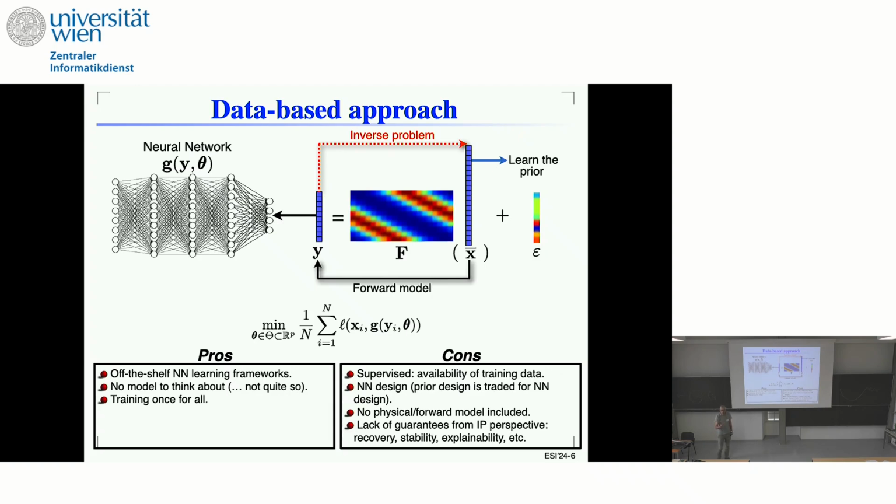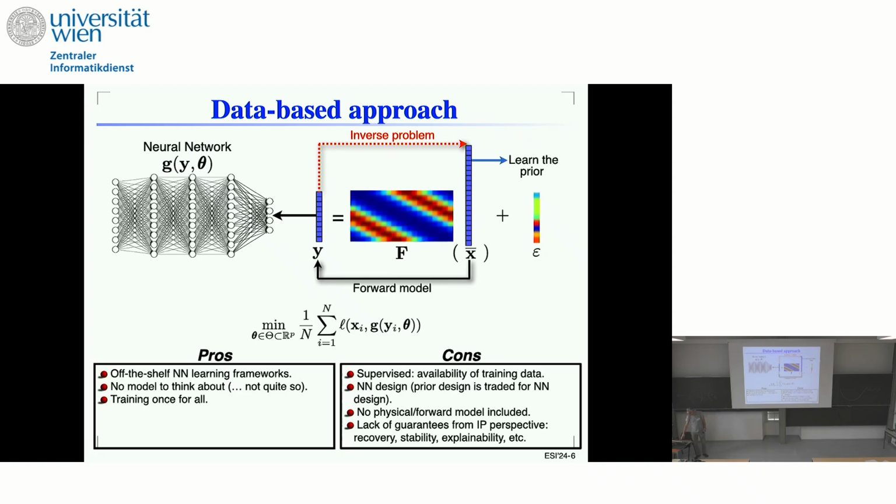We know that y comes from x through f, and we have some noise. There is no f whatsoever here. You have lost all the physics of the formation of the object. And of course, because of all this, we have a lack of guarantees from the inverse problem perspective. Recovery, stability, explainability, everything we had in variational models, we don't have them anymore here.